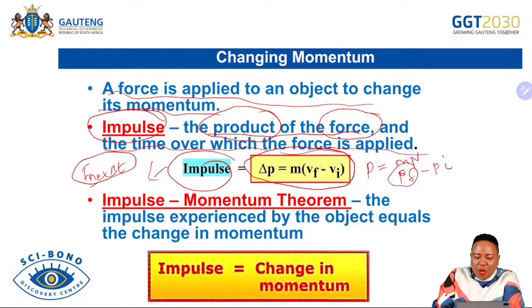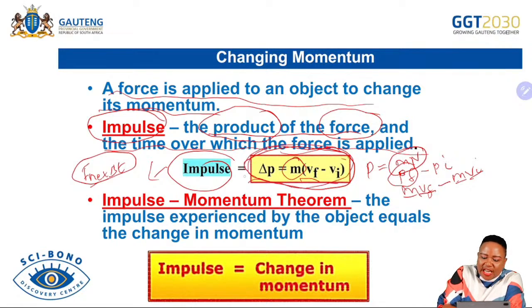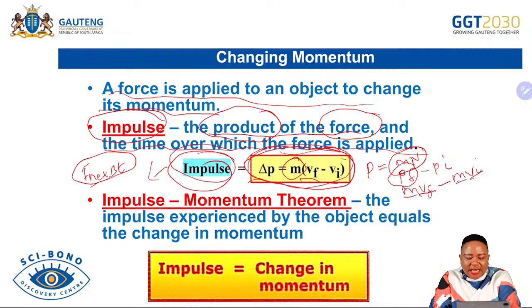And we know that final momentum is going to be mvf, which we must also subtract mvi. So you can see that our mass is our common factor. Therefore, we can just say change in momentum is equal to m into final velocity minus initial velocity, because momentum alone is equal to mv. So this is what we refer to as our change in momentum, and this is our impulse, and we are saying impulse is equal to the change in momentum.